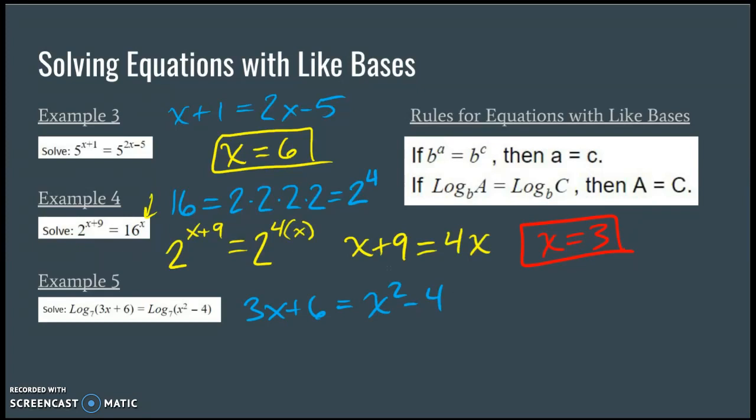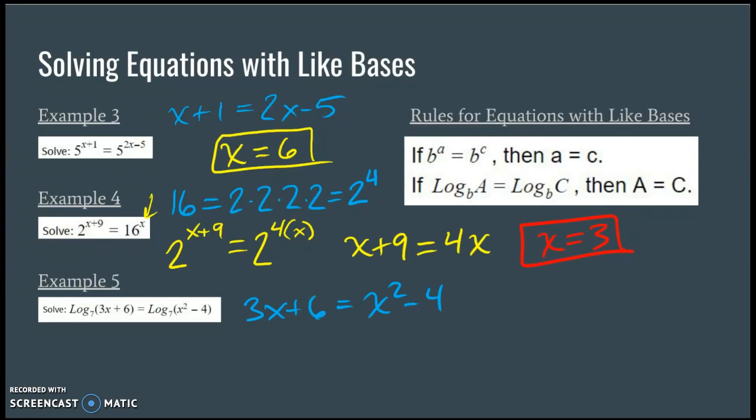And so once we figure out some sort of x value, we're going to have to check our answers to see if our solutions are even in our equation's domain.